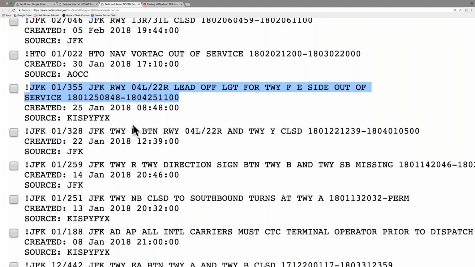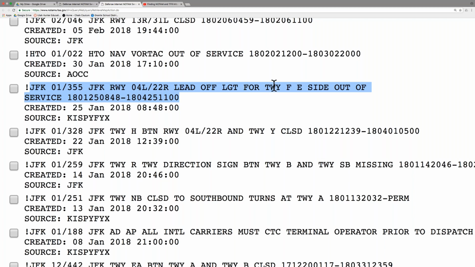FE, I'm thinking, is it east side out of service from January 25th, 2018 at 0848 Zulu till April 25th, 2018 till 1100 Zulu. Okay. Good. So the leadoff lights for taxiway Foxtrot and Echo, for Foxtrot east side of the taxiway, they're out of service.